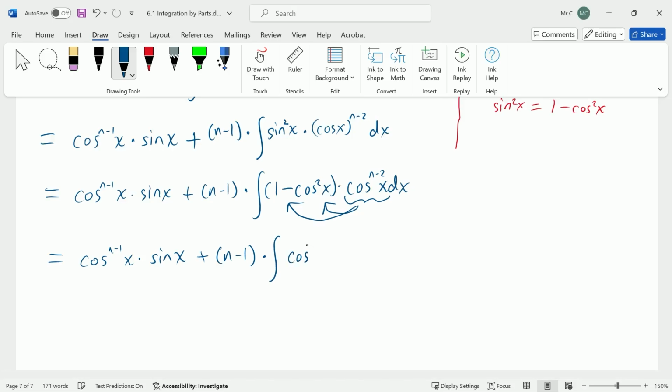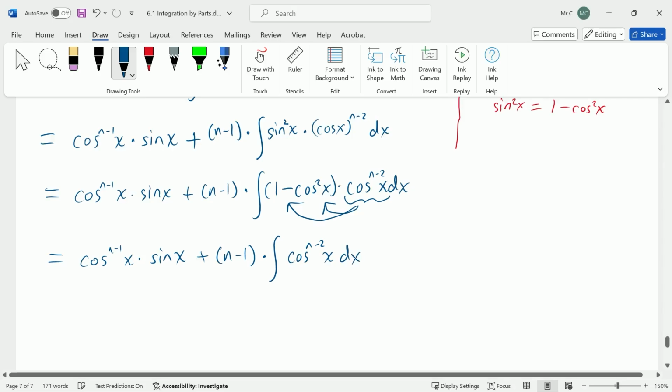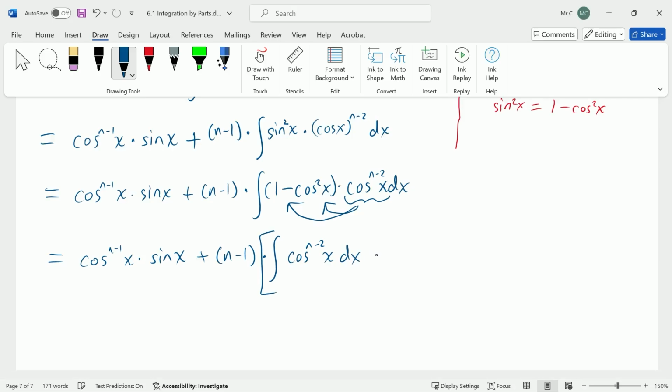And so I get the integral of cosine to the n minus 2 power of x dx minus the integral. All right, I distribute it to the 1, I just get cosine to the n minus 2 power of x dx. I distribute it to the cosine squared. If I add 2 to n minus 2, I just get n. So this is minus the integral of cosine to the nth power of x dx.